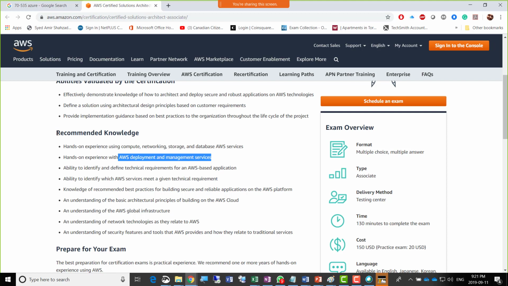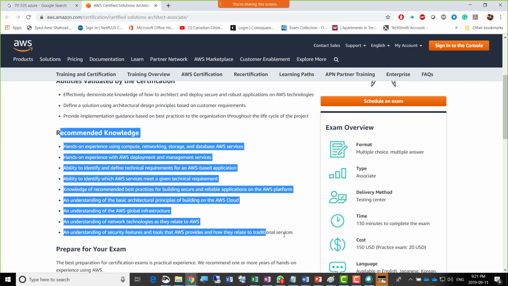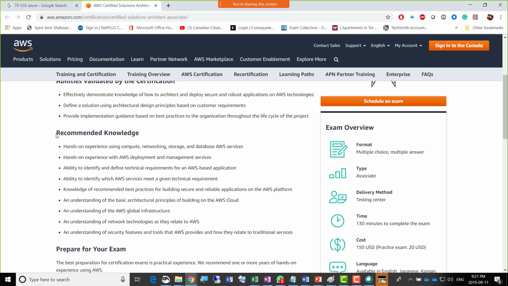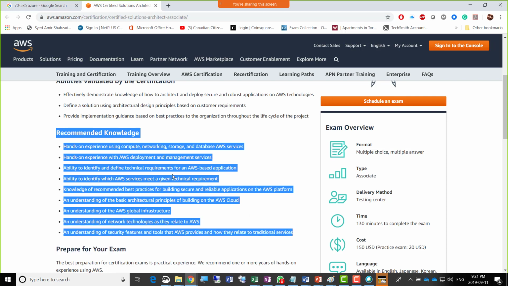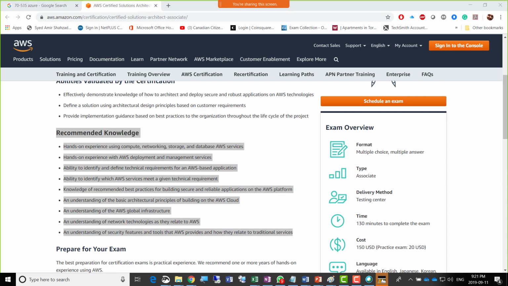These are the recommended knowledge areas they're asking for in the exam. The main things are compute, networking, storage, and databases. Does it appear in the chat? Okay, these are the objectives of AWS that I put in the chat.